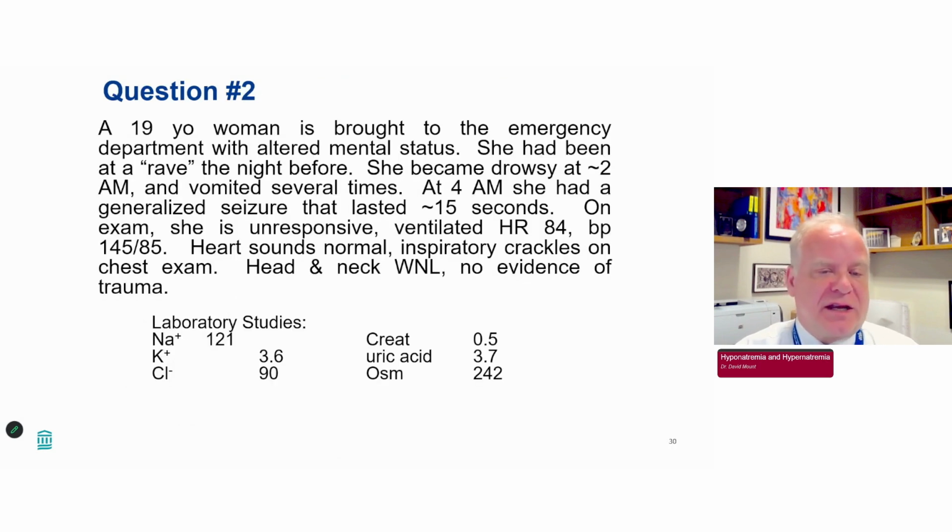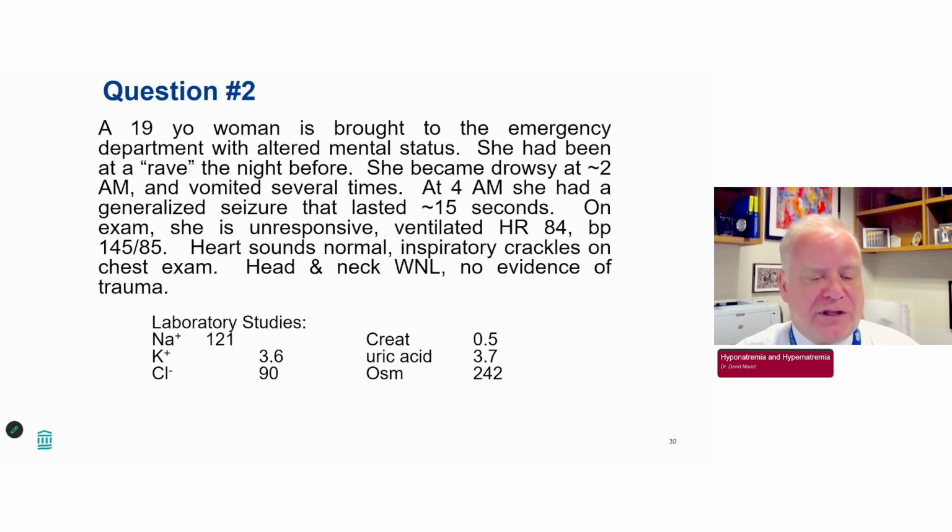So here's an easy question again. A 19-year-old woman is brought to the emergency department with altered mental status. She'd been at a rave the night before, became drowsy at around 2 a.m. and vomited several times. At 4 a.m., she had a generalized seizure that lasted around 15 seconds. On exam, she's unresponsive. She's now intubated and ventilated.